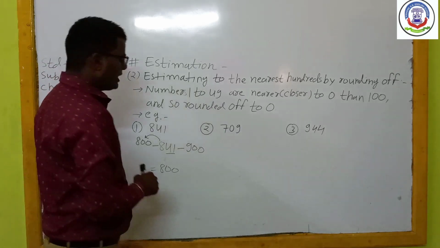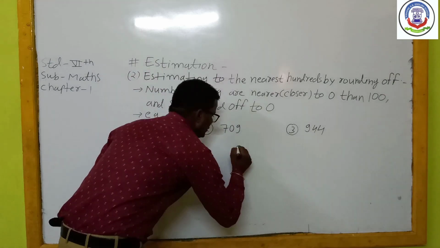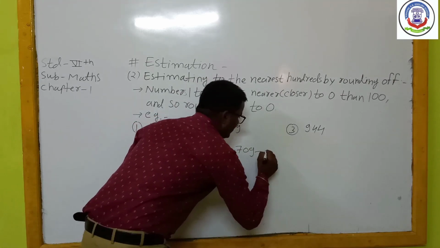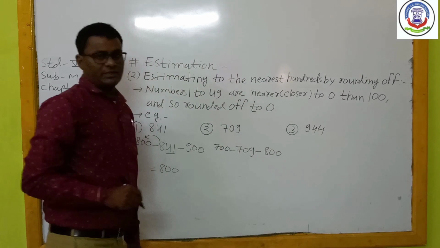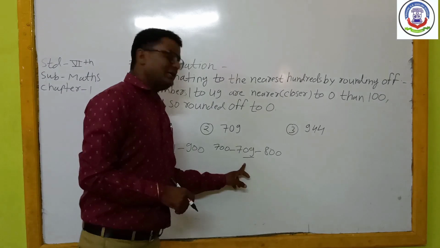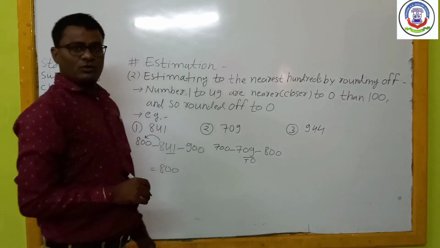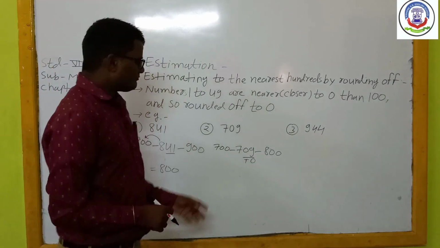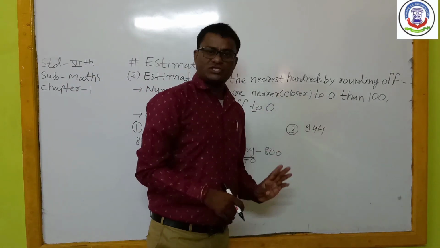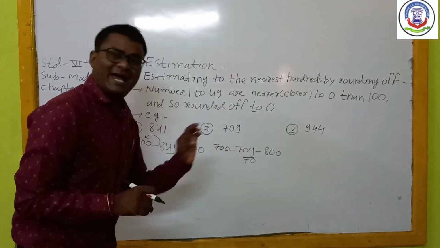Okay students, now in the second example, 709. You know 709 lies in between 700 and 800. Now observe these two digits of ones and tens place. To understand clearly, these two digits are closer or nearer to 0 than 100, so I will write them as 0 0.